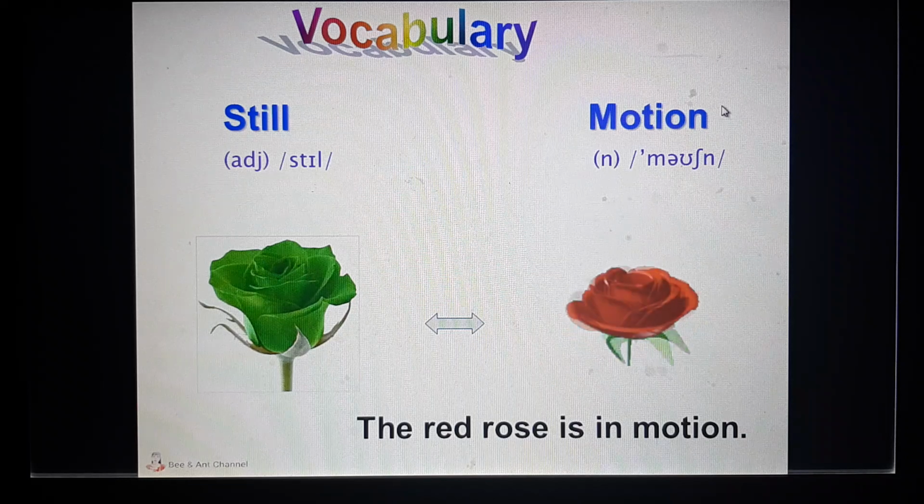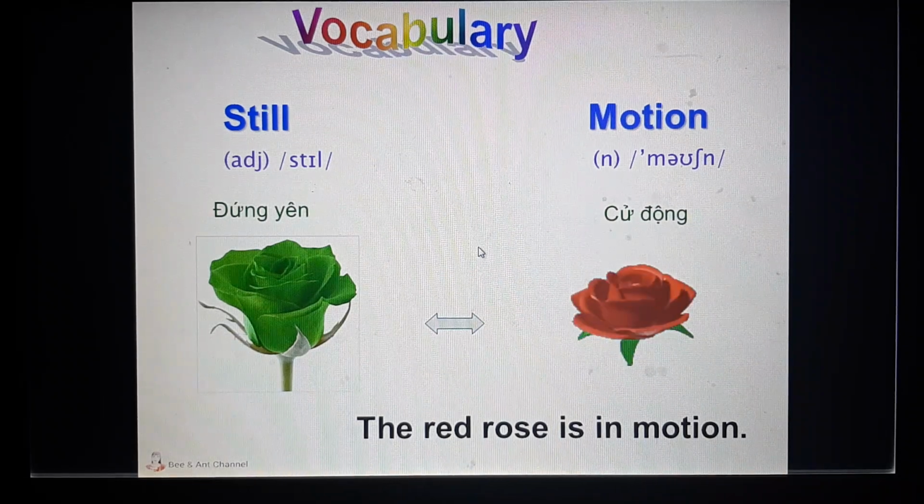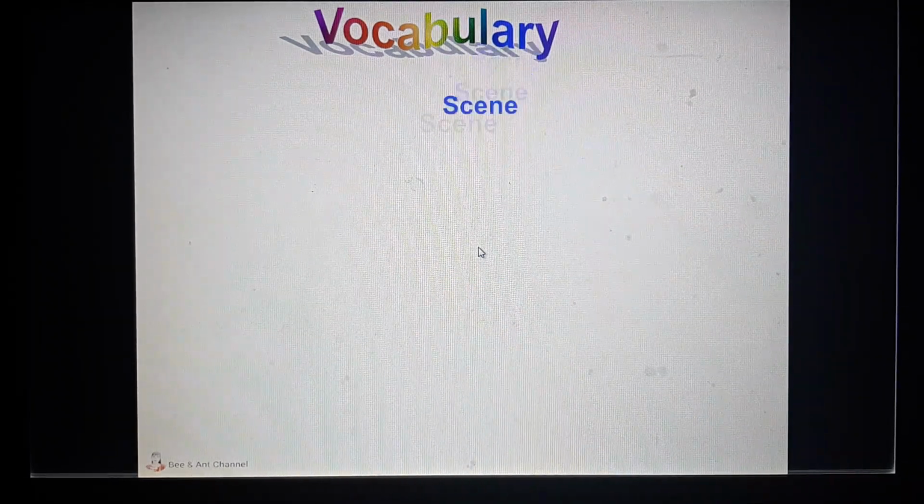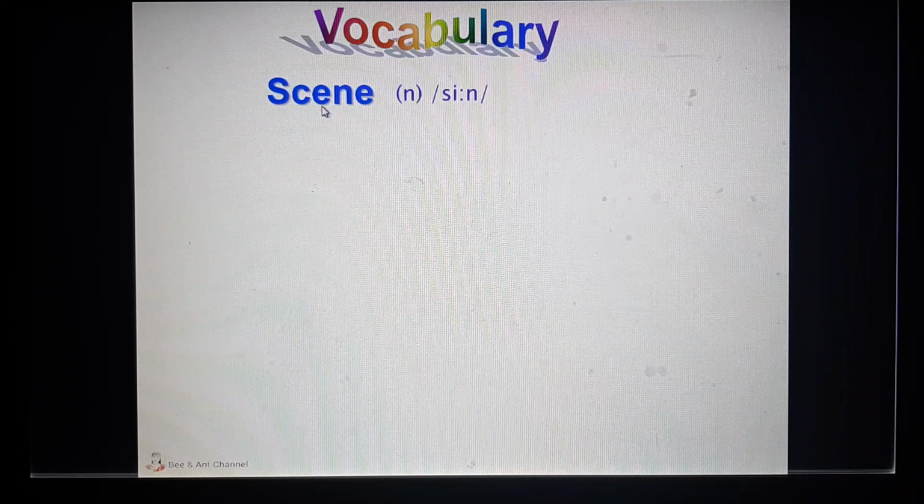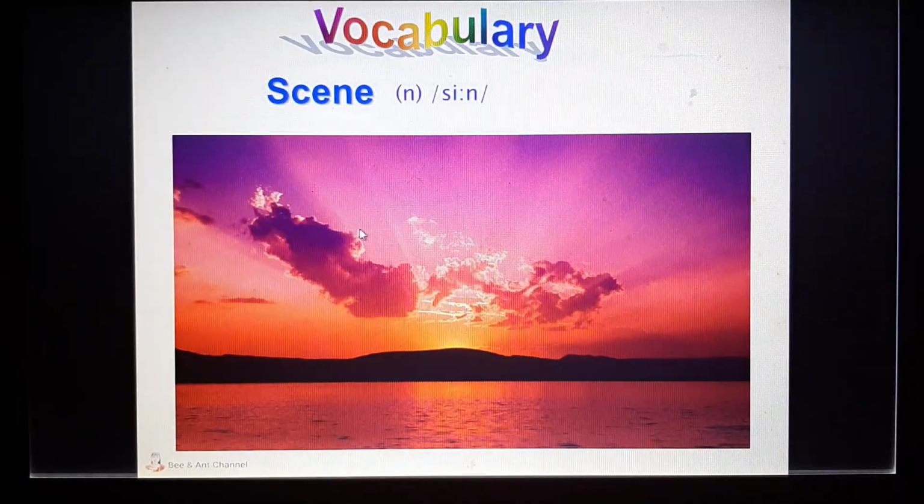Still, motion, still, motion. Scene, scene.